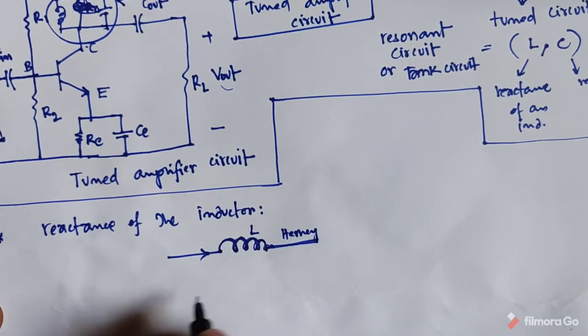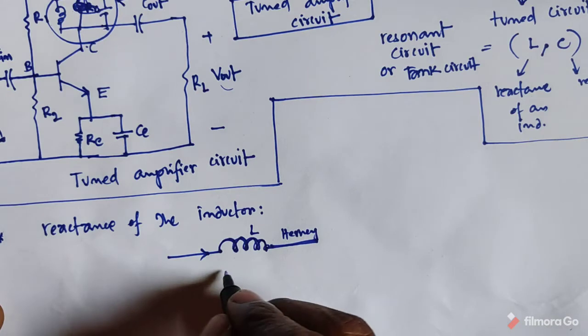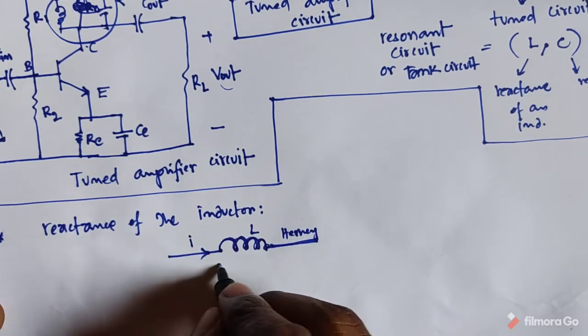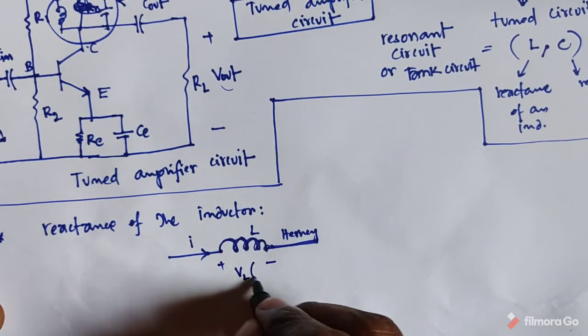Simply it can be represented in terms of the reactance: with some current IL of t you can calculate VL of t.